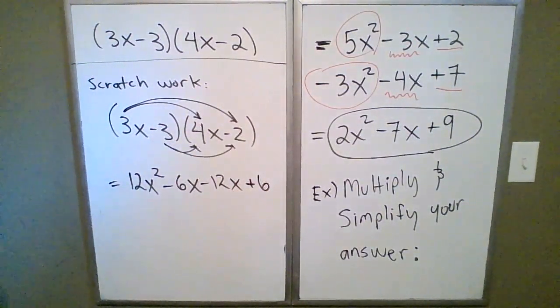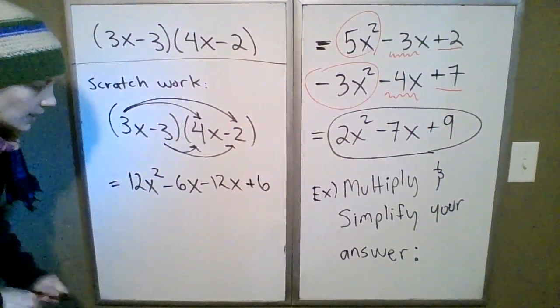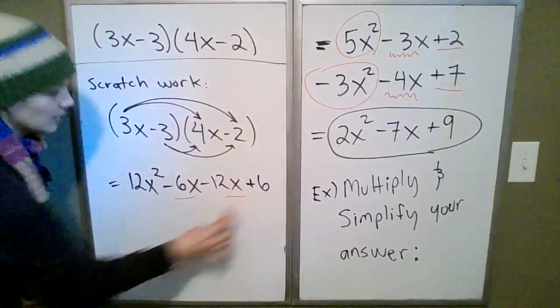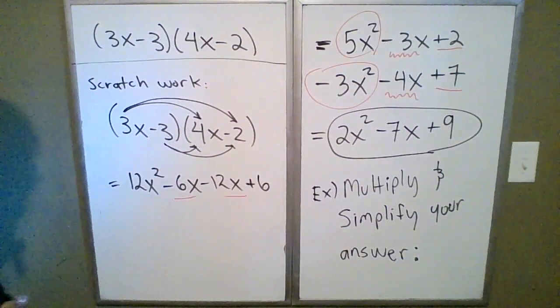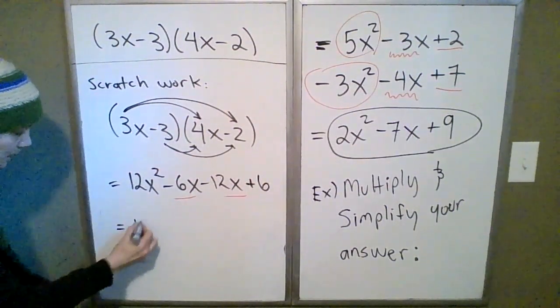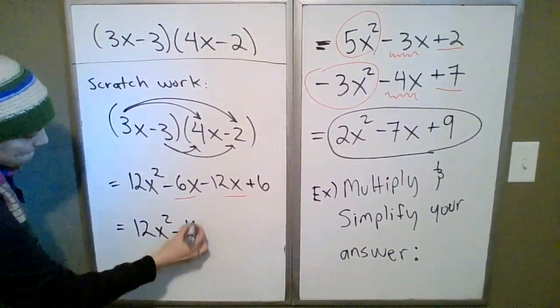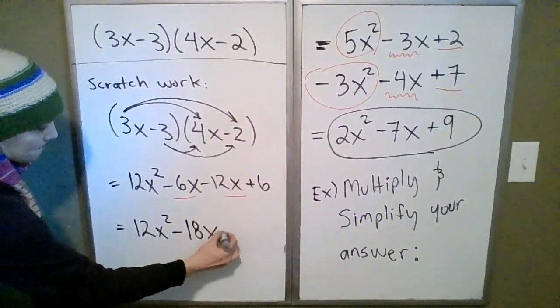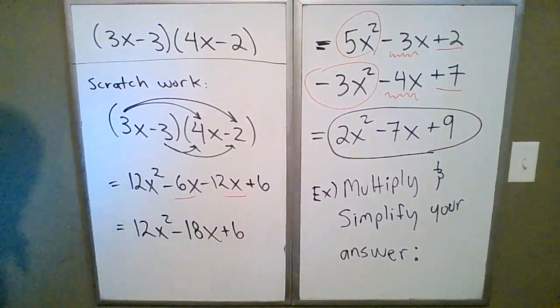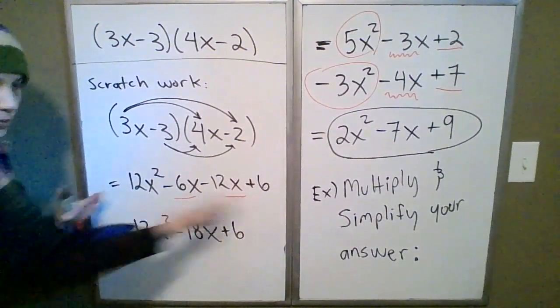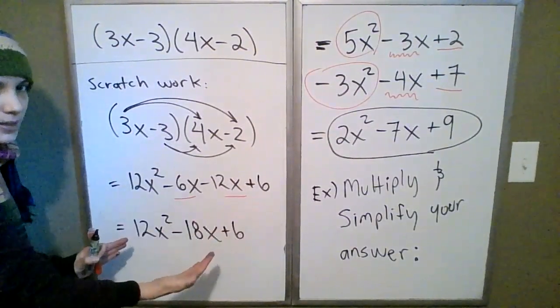You want to combine like terms. So you've got a negative 6x with that negative 12x, it's negative 18x. So that's the multiply, and then we simplify. And then we're done.